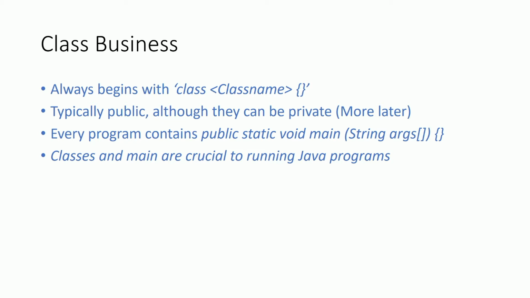That's the linking factor between everything, and that main method is where the execution always starts. So we always have to have that, and that's where we're going to be focusing a lot of our time for the next little while. As you can see, I've written down there too that classes and main are crucial to running Java programs. You always have to have these bad boys.